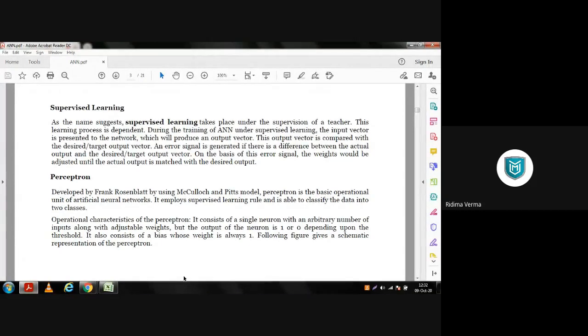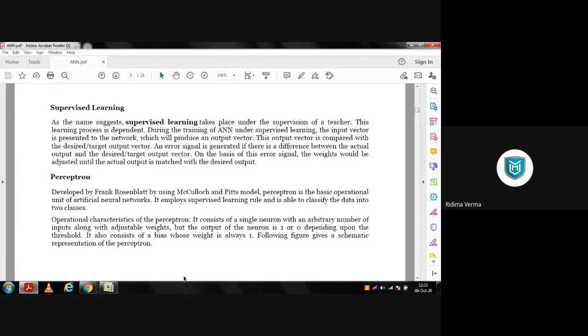During this training of ANN under supervised learning, the input vector is presented to the network, which will produce an output vector. This output vector is compared with the desired target output vector.